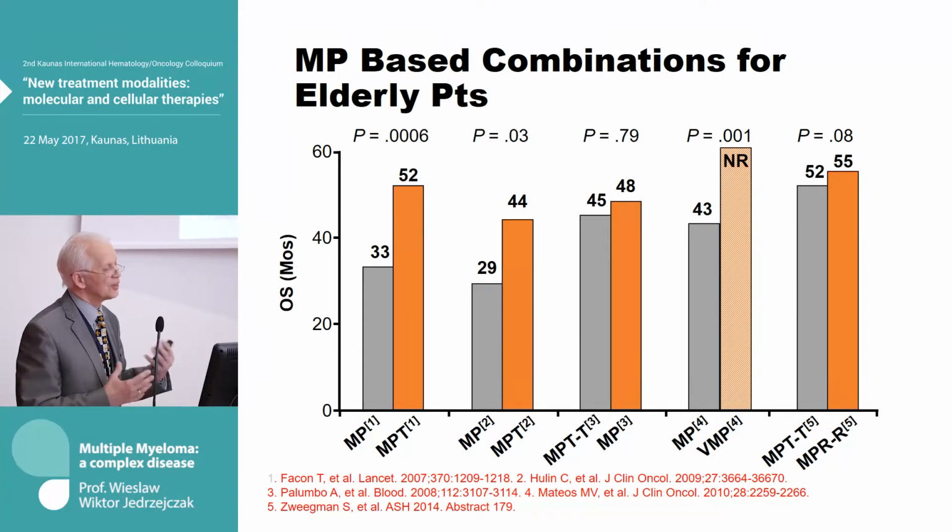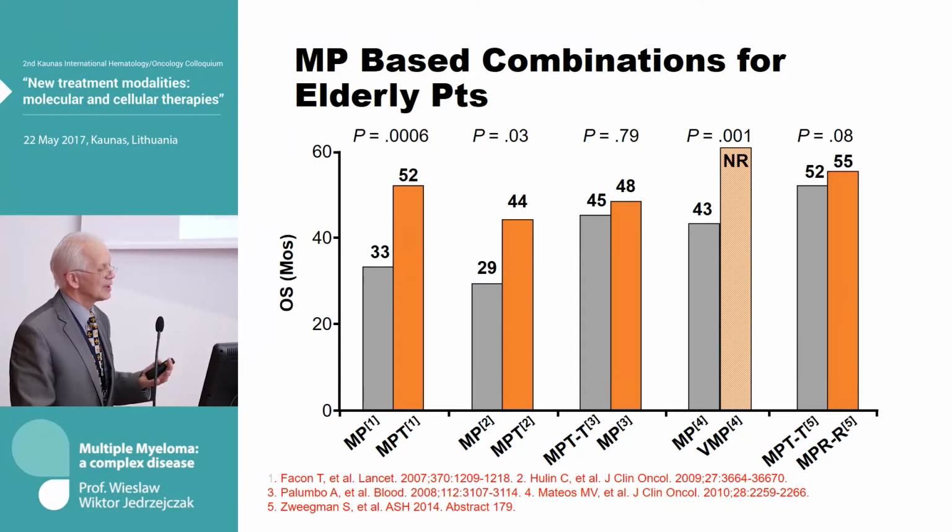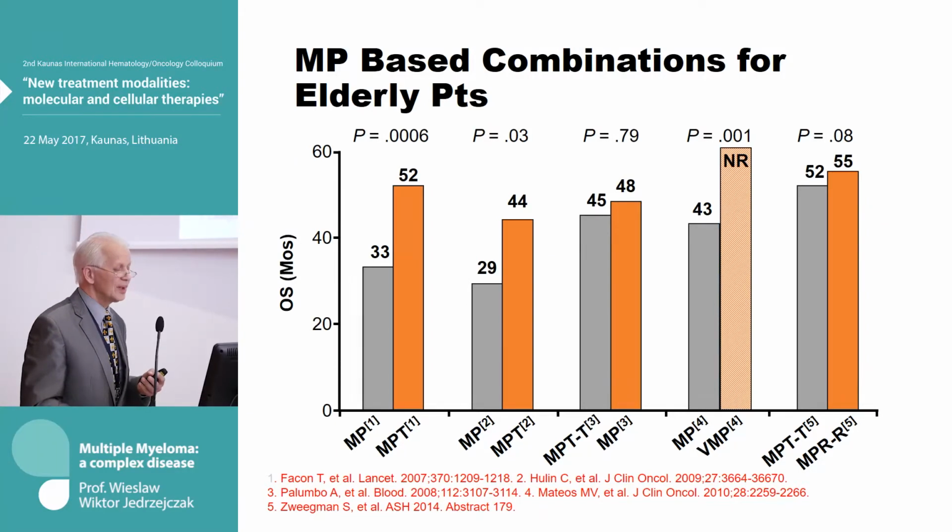Essentially, for these elderly patients, traditionally the treatment was based on oral melphalan, the so-called MP combination, that is a combination of melphalan with prednisone, which has then been modified by adding thalidomide, and that has already significantly extended overall survival.